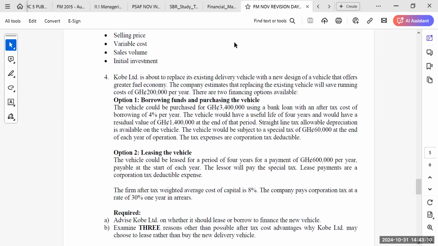So it will have the same effect for the 2, but we can still bring them in when we are doing our issues for leasing.